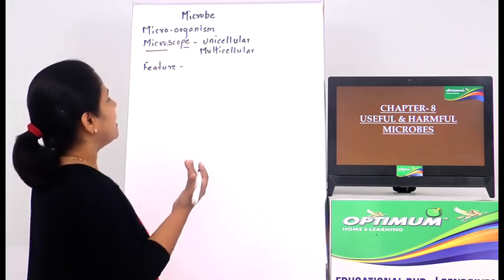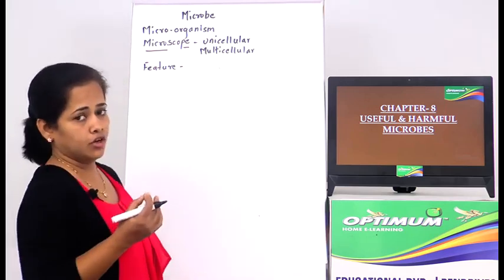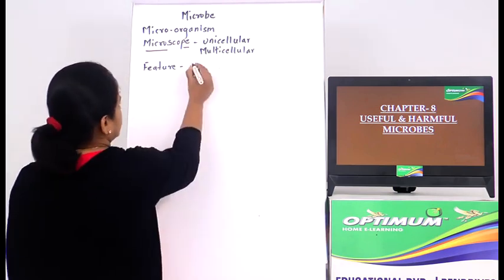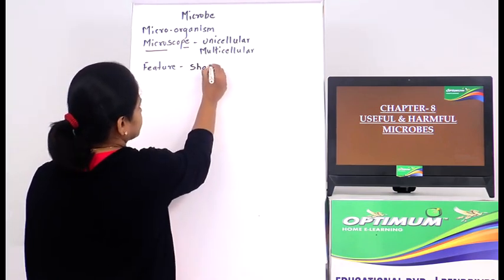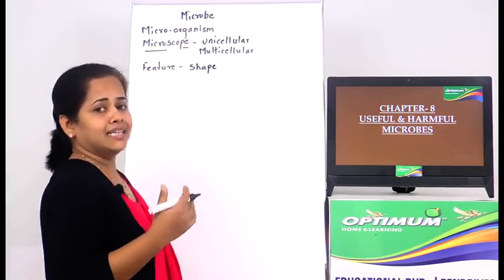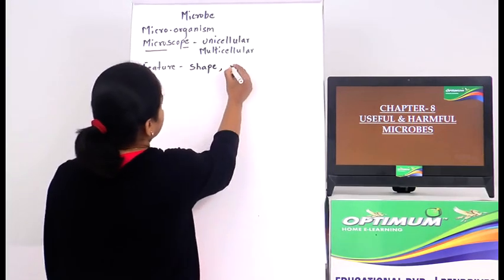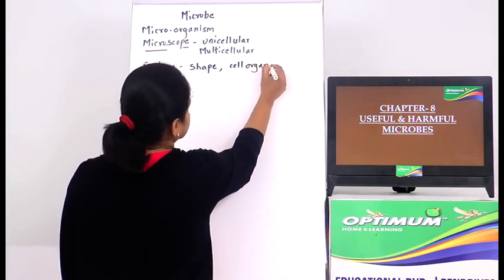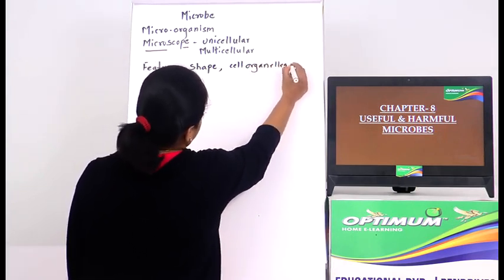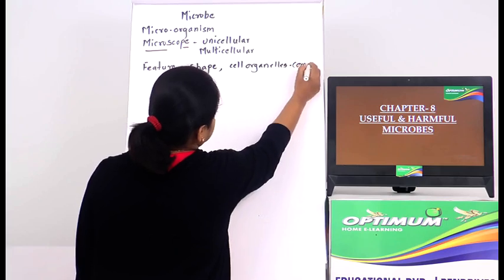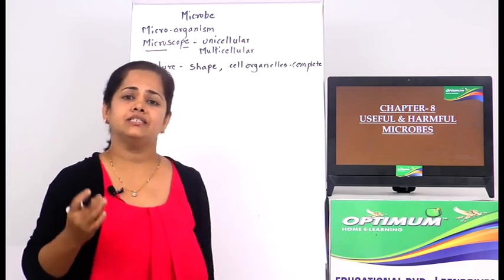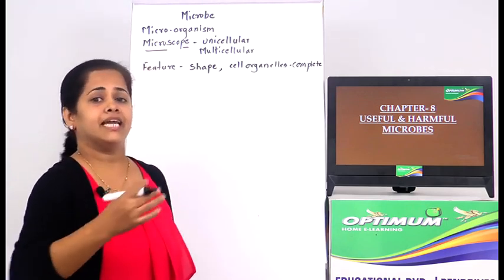For example, some unicellular microorganisms develop different shapes so that they can move. They vary in shape so that they can move. They have different types of cell organelles which make them complete. They do not need multiple cells. So the cell shape will be such that they can move.